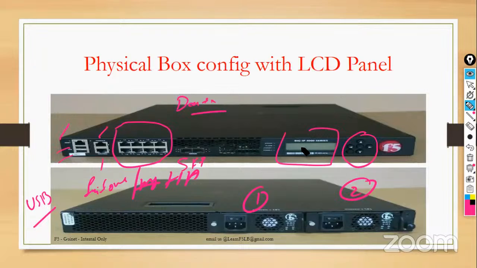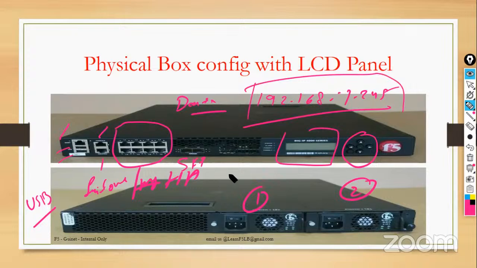And if you want to change the default IP, for example 192.168.1.245, as per your network, it may be 10.30.1.100, for example, you can use these buttons and change the IP. This is the OK button, and these are the left and right arrow keys, and here you can change the numbers as well. So these are the control keys basically, right?